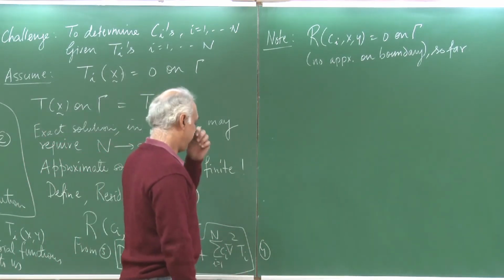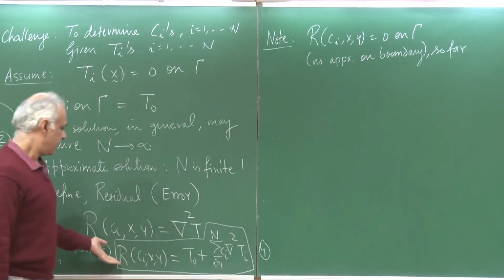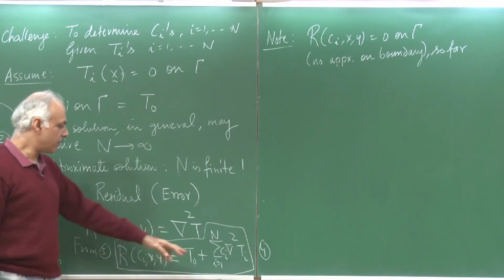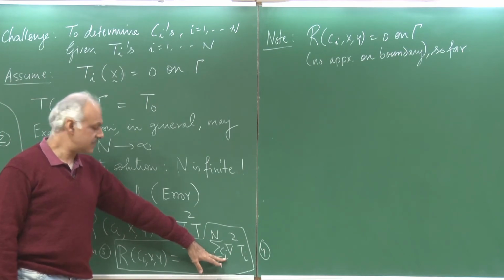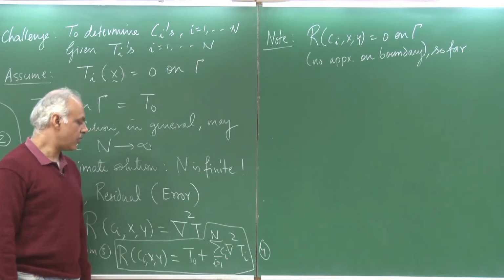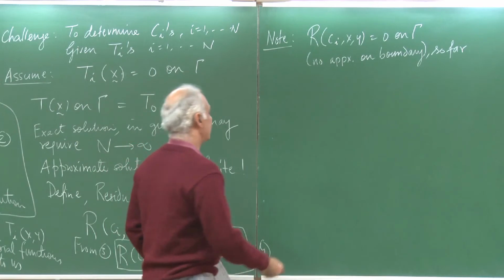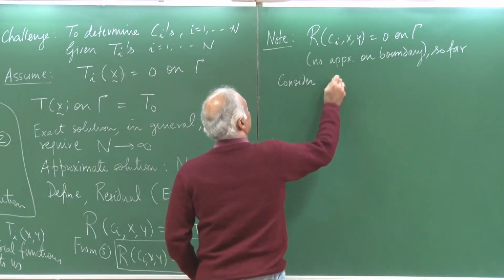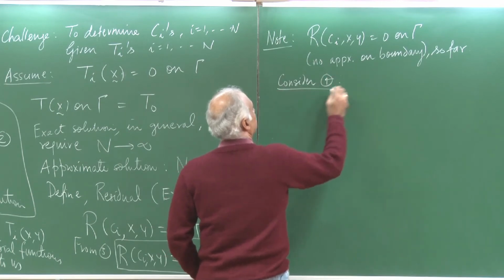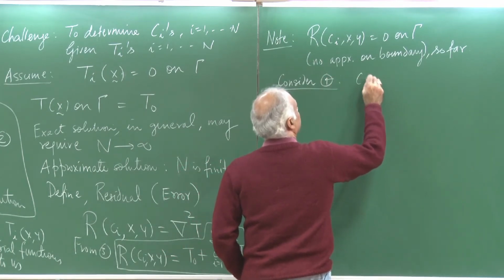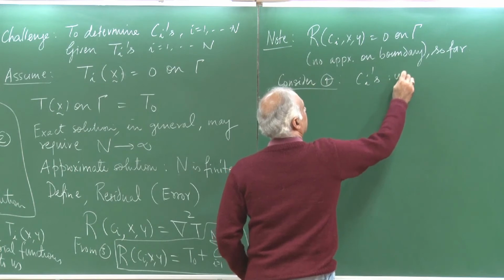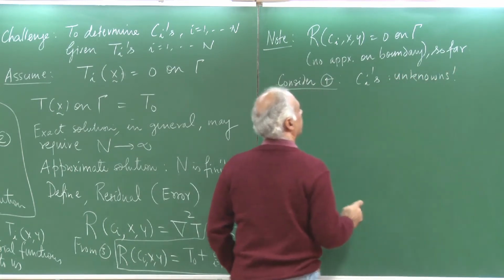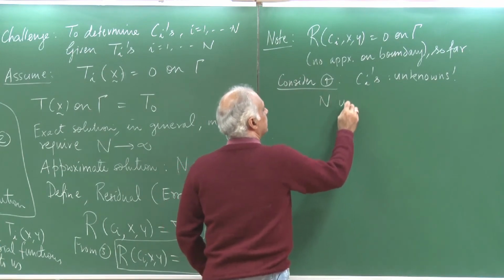Good. All this is nice, but what about these C's? This is the one which we are interested in. So, how do we determine them? So, consider equation 4, there are Ci's which are unknowns. So we have n unknowns.